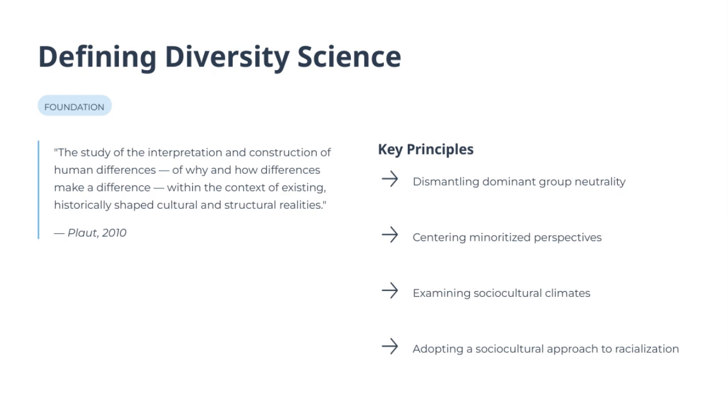This perspective forms the foundation of defining diversity science, which is all about exploring how cultural, social, and structural factors influence human diversity and interactions. By adopting these principles, we're not just acknowledging differences, but actively engaging with the complexities of race, culture, and power, which is essential for meaningful progress in diversity and inclusion efforts.